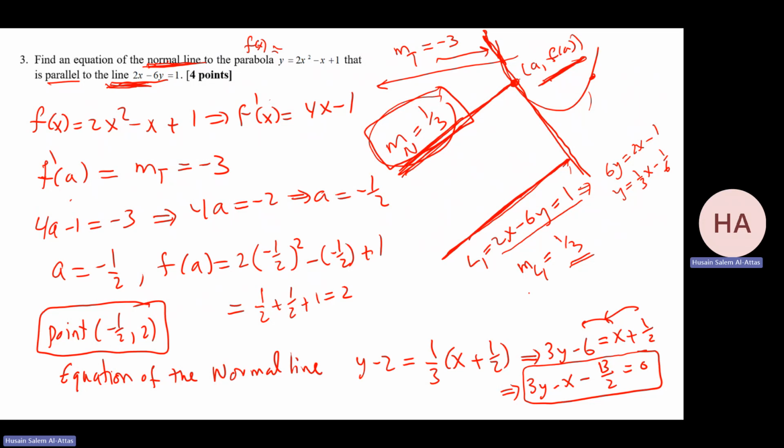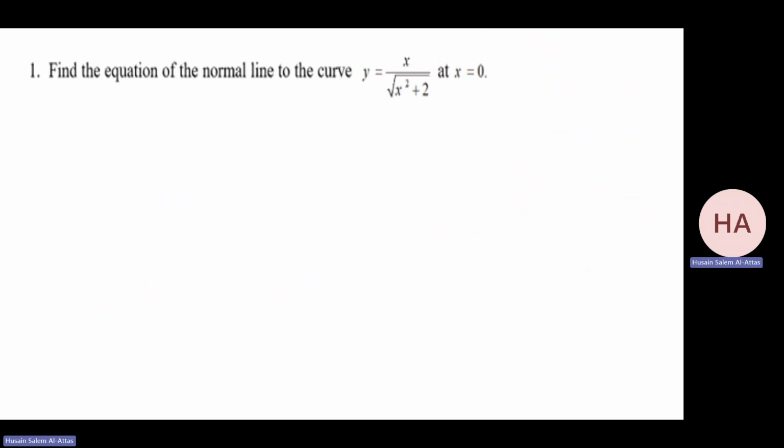So the slope of that line is 2/6, which is 1/3, so the slope of the normal is 1/3, so the tangent is -3. Now I have this point of tangency where f prime at A is equal to the slope of the tangent, which is -3. I just solve for A, I get A, we get the point, we get the equation. I hope it's clear.